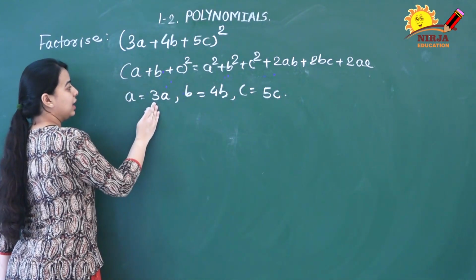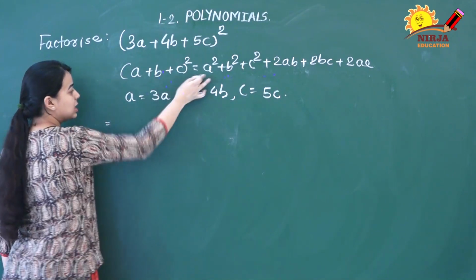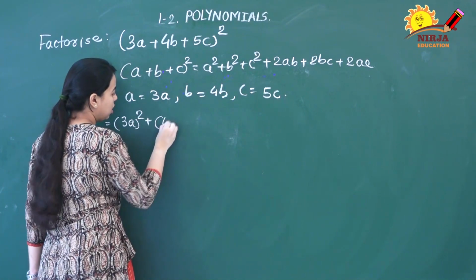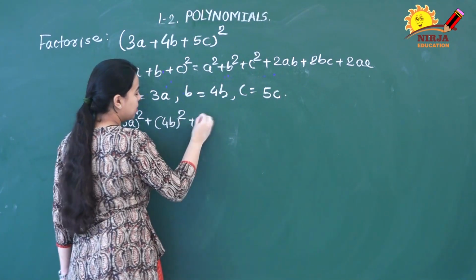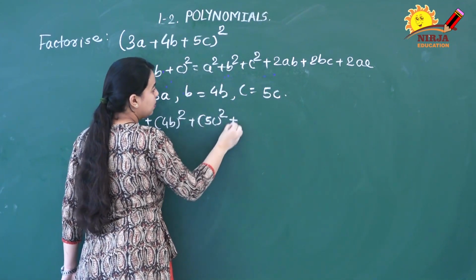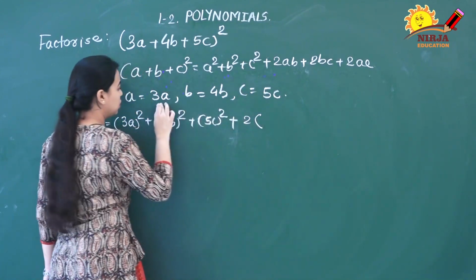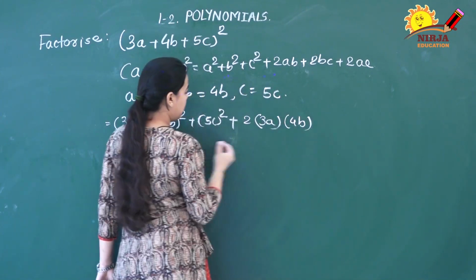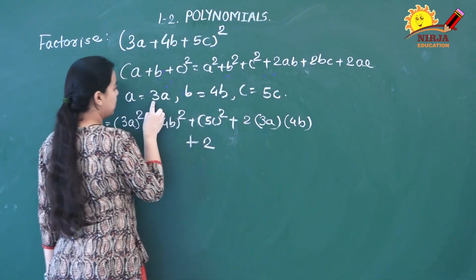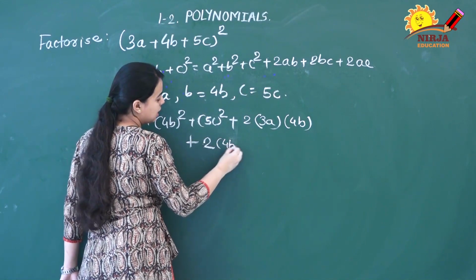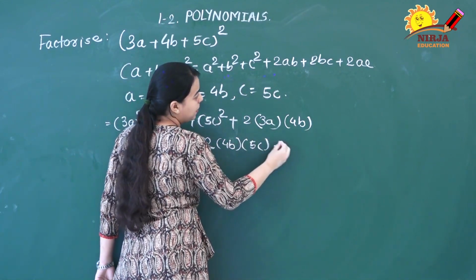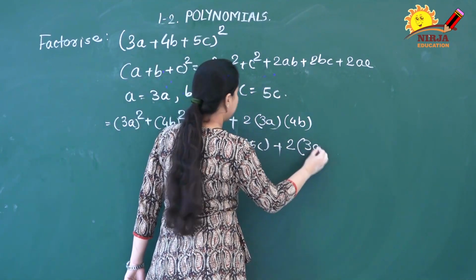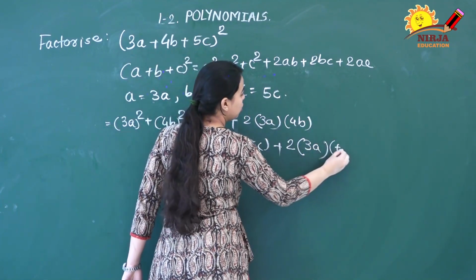Now let's apply this identity over here. a square, that means (3a) square, plus b square, (4b) square, plus (5c) square, plus 2ab, 2 into 3a into 4b, plus 2bc, b is equal to 4b and c is equal to 5c, plus 2ac, a is equal to 3a and c is equal to 5c.